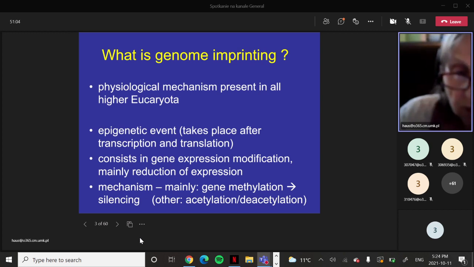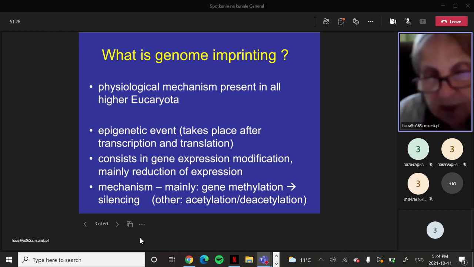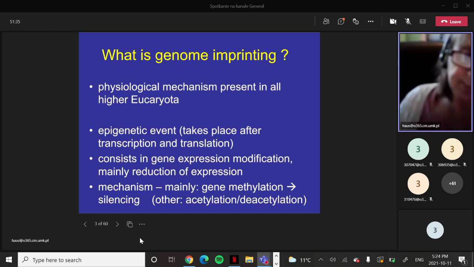By this mechanism, gene activity and gene expression are blocked, the genes are silenced. Other mechanisms are acetylation and deacetylation, and deacetylation causes the silencing of genes. But the main mechanism is methylation.